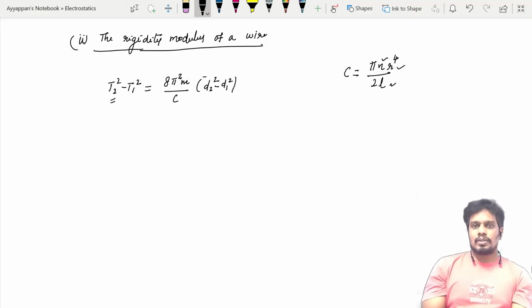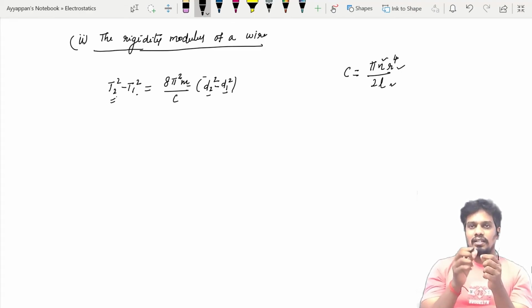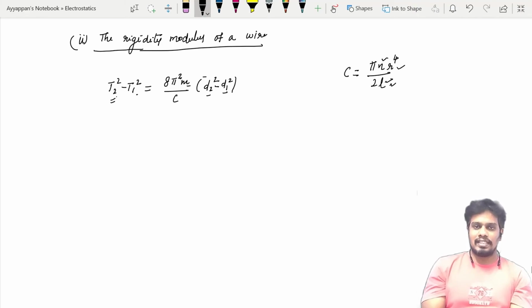Now here we can substitute the values because we have measured the experimental T2, T1, then we can measure d2, d1, mass of the object. You can measure the radius of the wire using the screw gauge apparatus, then the length of the wire using the meter scale. The only unknown value is the small n, the rigidity modulus of the wire.